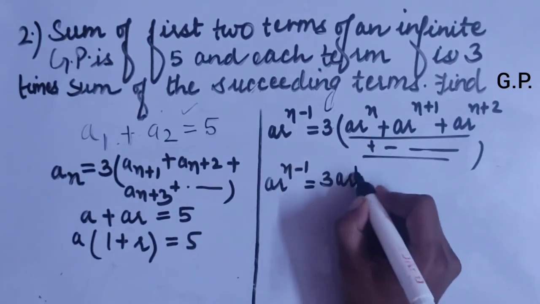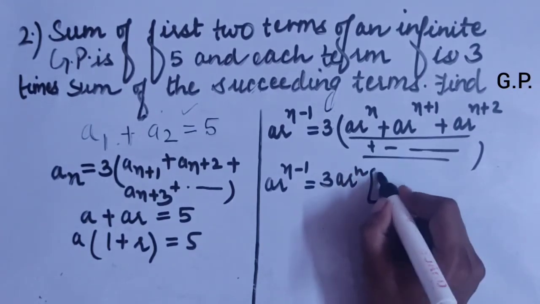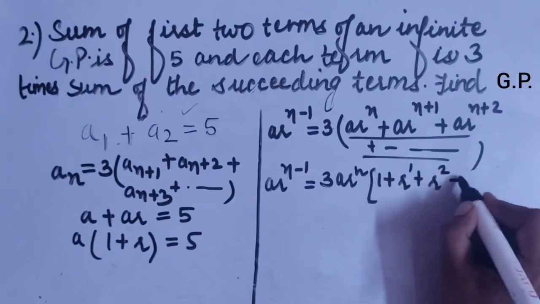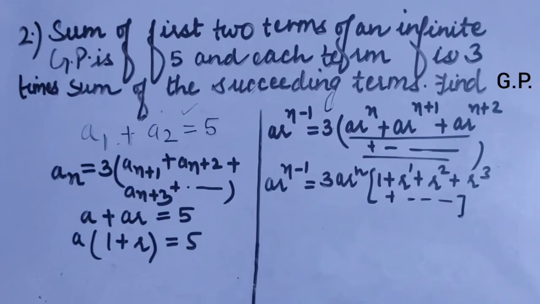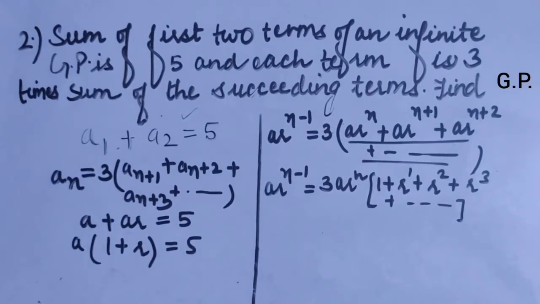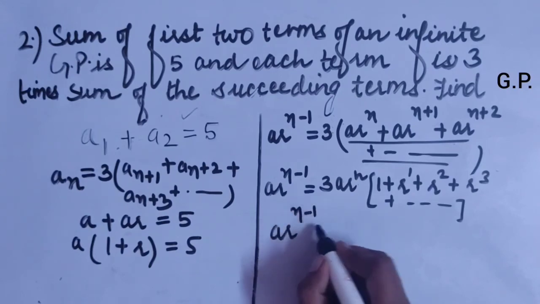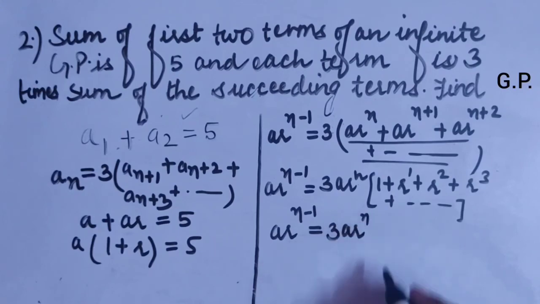Common is a r raised to the power n. So what is left inside? 1 plus r raised to the power 1 plus r raised to the power 2 plus r raised to the power 3 plus and so on. So now we will solve it. a into r raised to the power n minus 1 is equal to thrice of a into r raised to the power n.